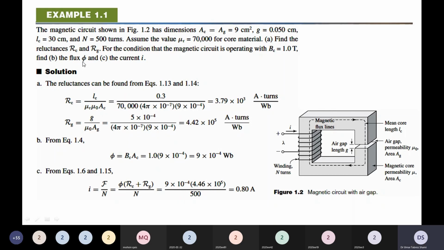And then we have the current. How will we find the current?